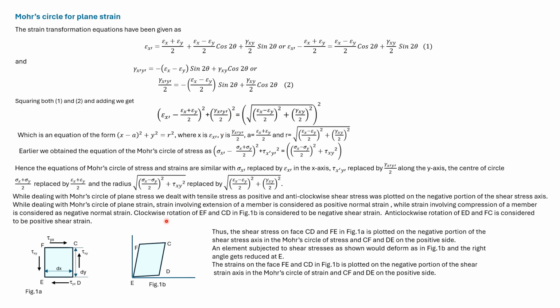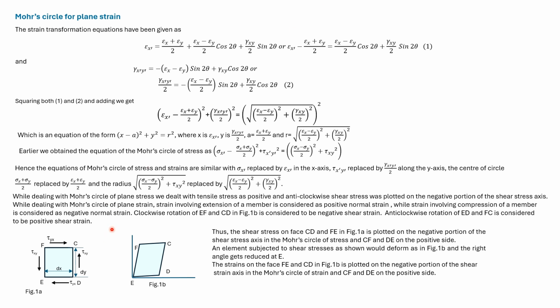When it comes to plane strain, we are dealing with sides. The sides EF and DC have rotated clockwise, and they are considered to be associated with negative strain. The sides DE and CF have rotated anti-clockwise, and they are considered to be associated with positive strain.